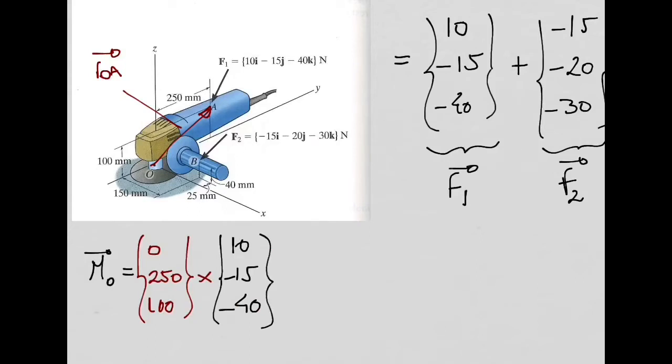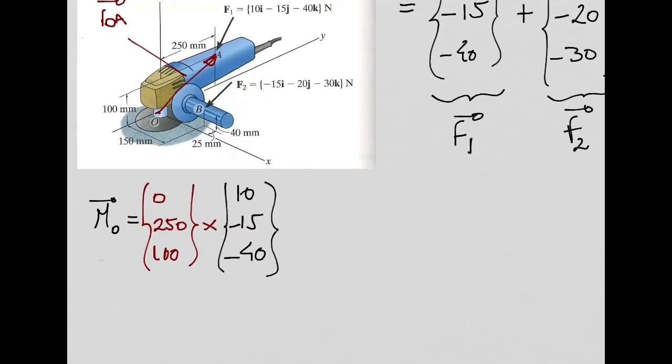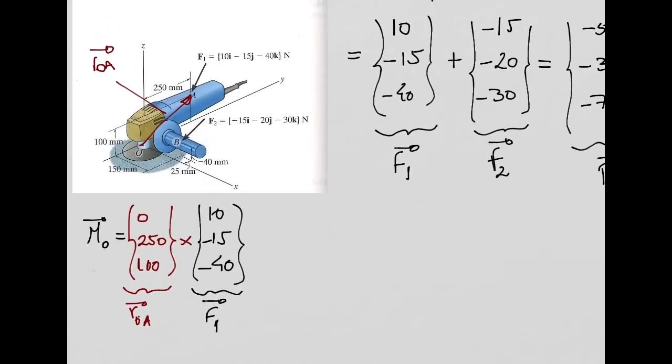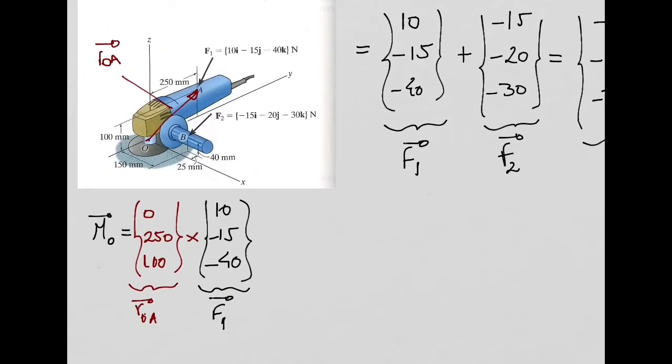So I can write like this. This is my position vector, ROA. And this one is my force vector, F1. But that is only the contribution from force F1.